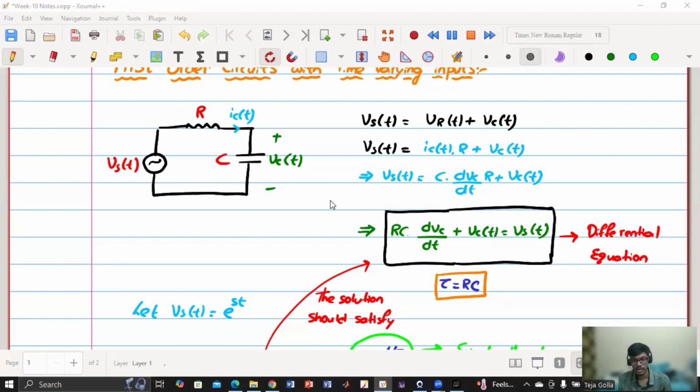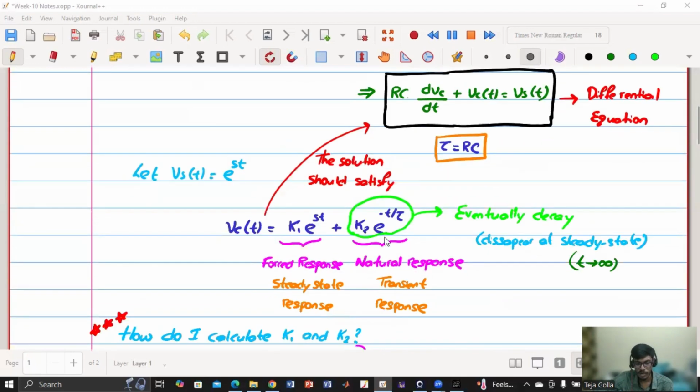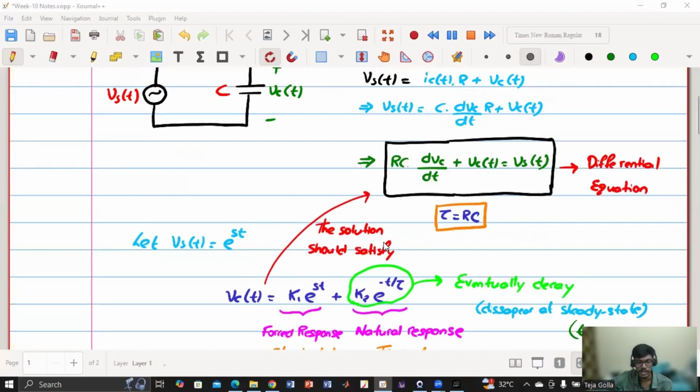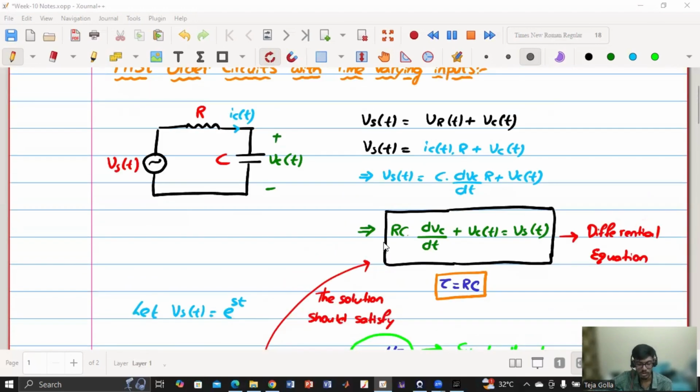If it is a larger time constant, it will take a lot of time to dissipate. If it is a smaller resistor, it will dissipate quickly because the time t is proportional to tau, right? If t is equal to 5 tau, then it is a smaller value. If t is 7 tau, it is a much smaller value. So if tau is small, it will decay faster. If tau is large, it will decay slower.